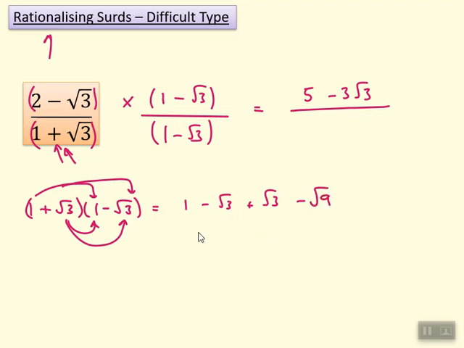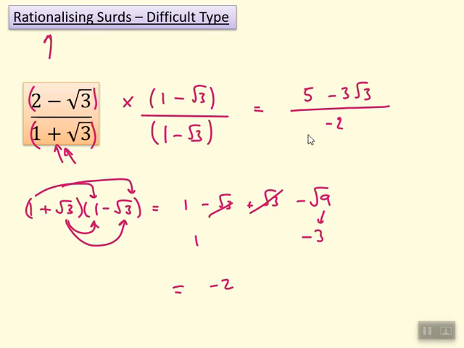Now look what happens here. The middle two terms, minus root 3 and add root 3, cancel each other out. And then minus root 9 is the same as take away 3, because root 9 is 3. And then 1 take away that is negative 2. So the bottom becomes an integer, and this will always happen.